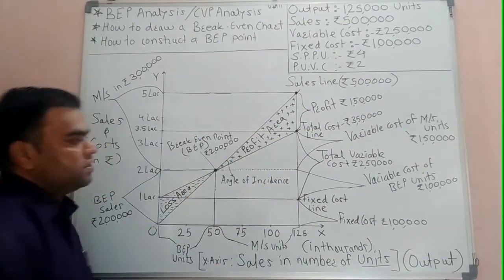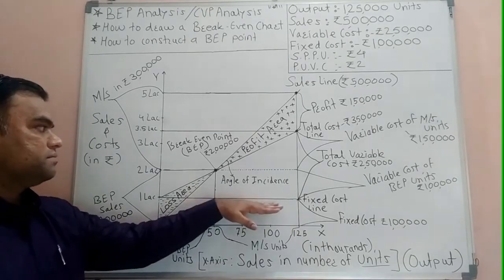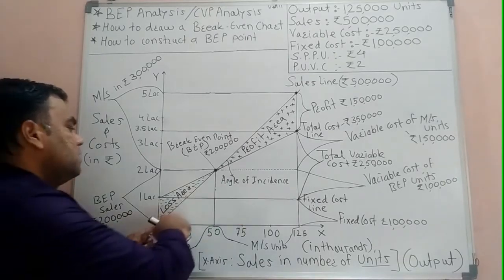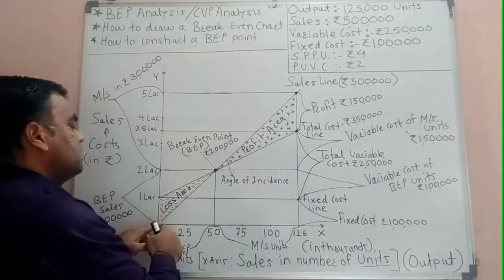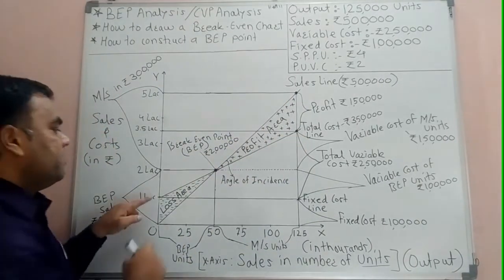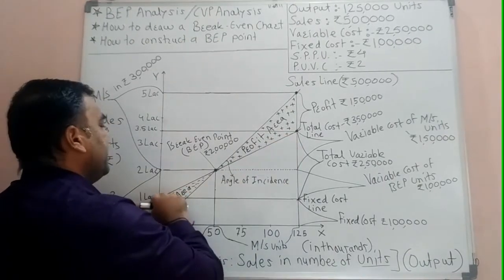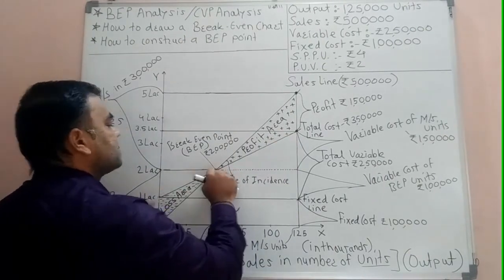So what do we get? Fixed cost line first, sales line second, and total cost line third. When we draw the total cost line, it will intersect the sales line.